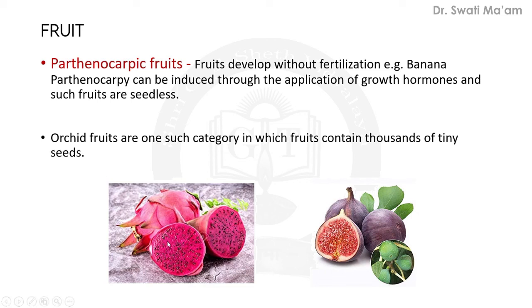These two pictures show the orchid fruit. The black dots you can observe inside are nothing but tiny seeds. Other examples are kiwi and fig. All these examples are exceptional examples found in our living world.